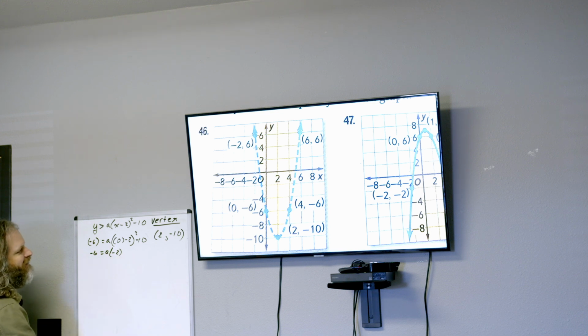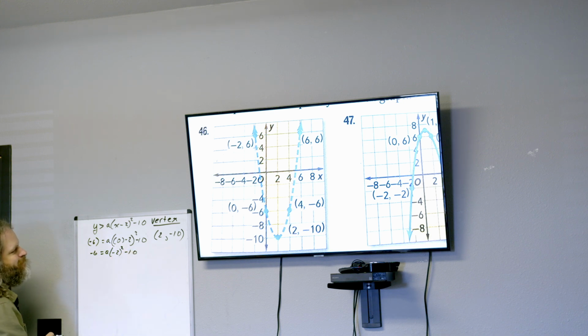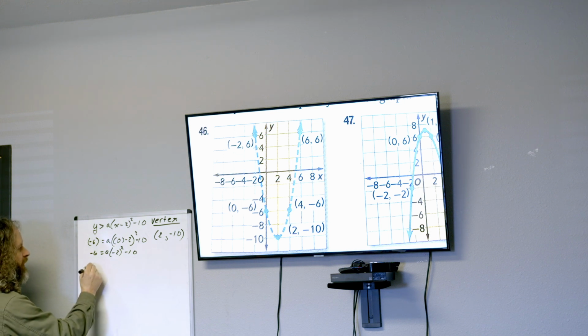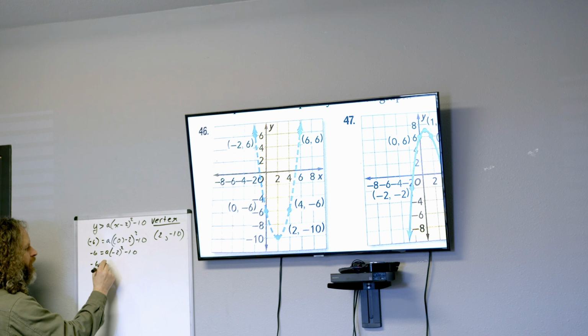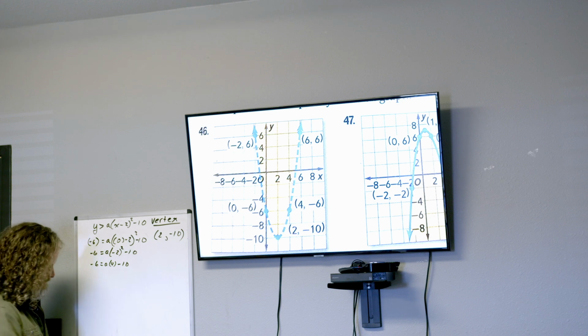Oh, it's minus 2. I thought it was times negative 2. No, definitely not. That would make our lives easier. Now what? Negative 2 squared is 4. Negative 6 equals A times 4 minus 10.